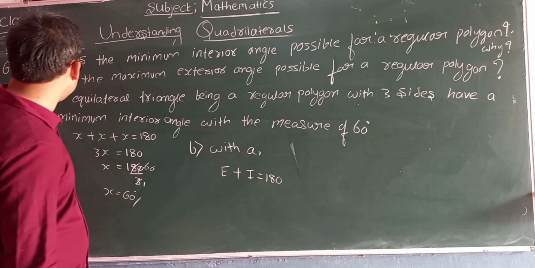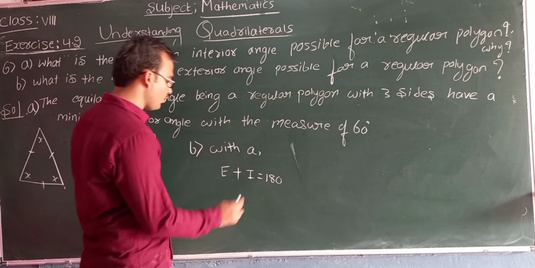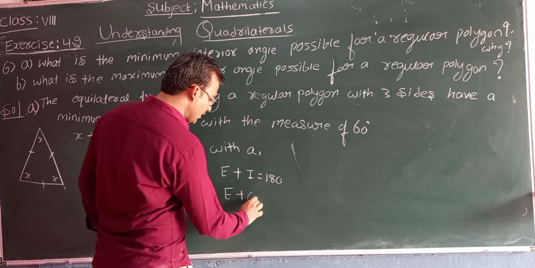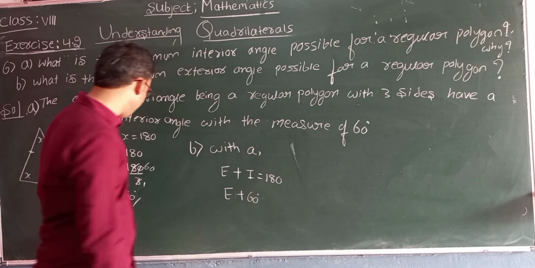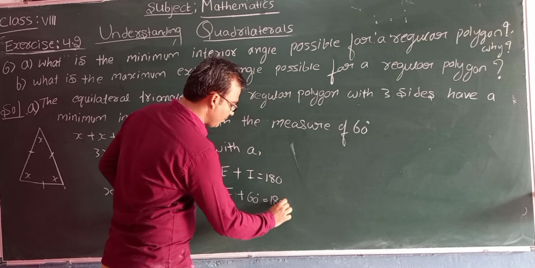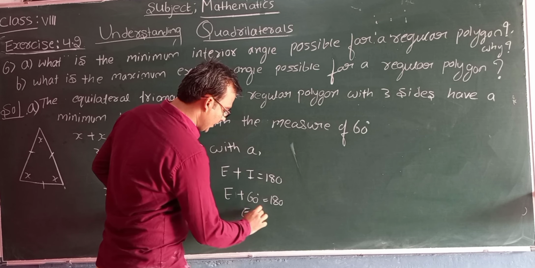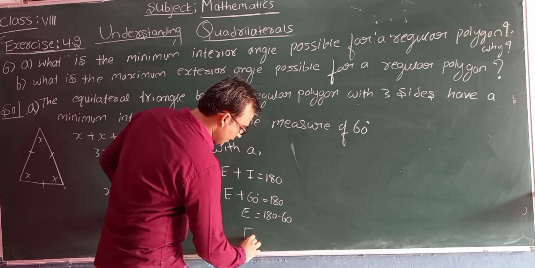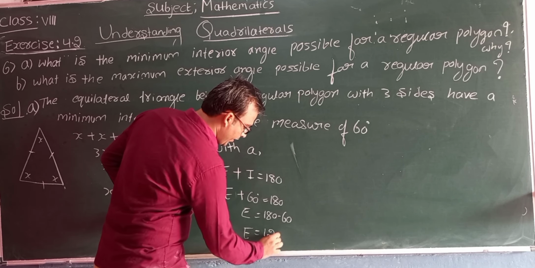So here the interior angle is 60 degree, so exterior angle plus 60 degree equals 180 degree. Then the exterior angle equals 180 minus 60. That is, the exterior angle equals 120 degree.